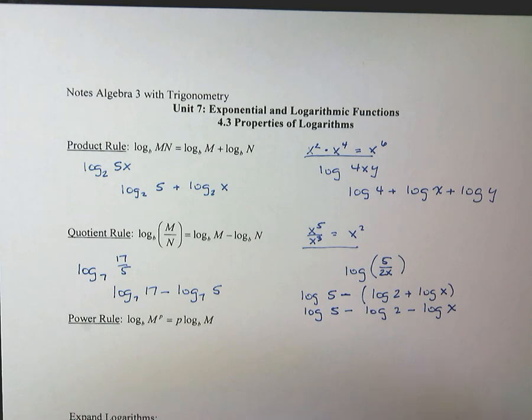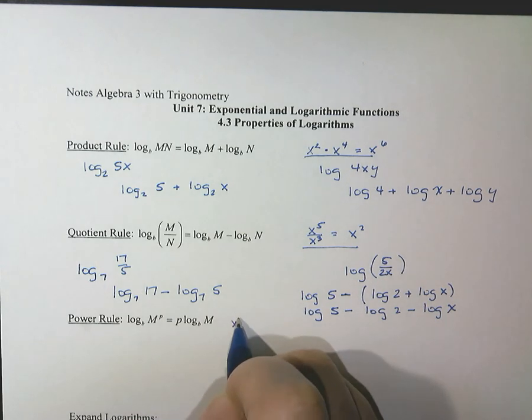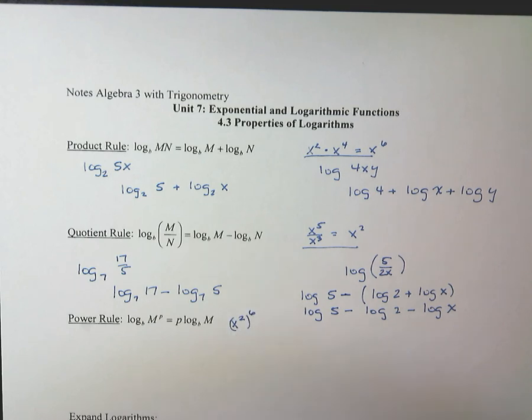The last property is a power property. If I had x squared to the 6th power, that's x squared six times: x squared multiplied by x squared, multiplied by x squared, and so on for six times. If you multiply, you add exponents.